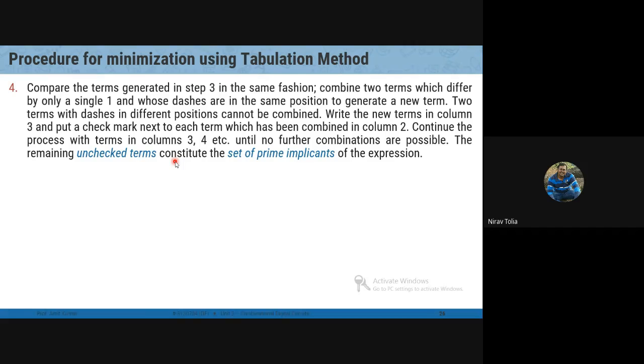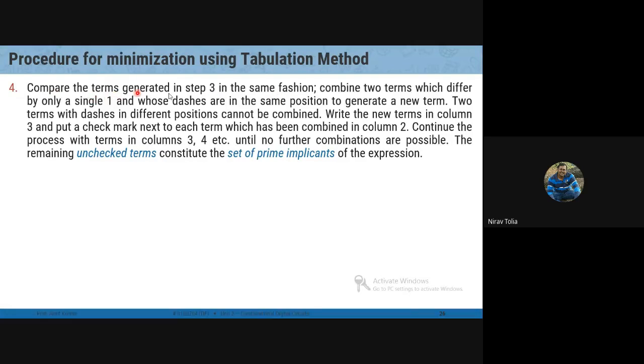So what does the rule say? Compare the terms generated in step 3 in the same fashion. It means we again have to check the binary numbers of group 2, and if the binary numbers differ by only one bit, then again we have to combine those groups. Okay.